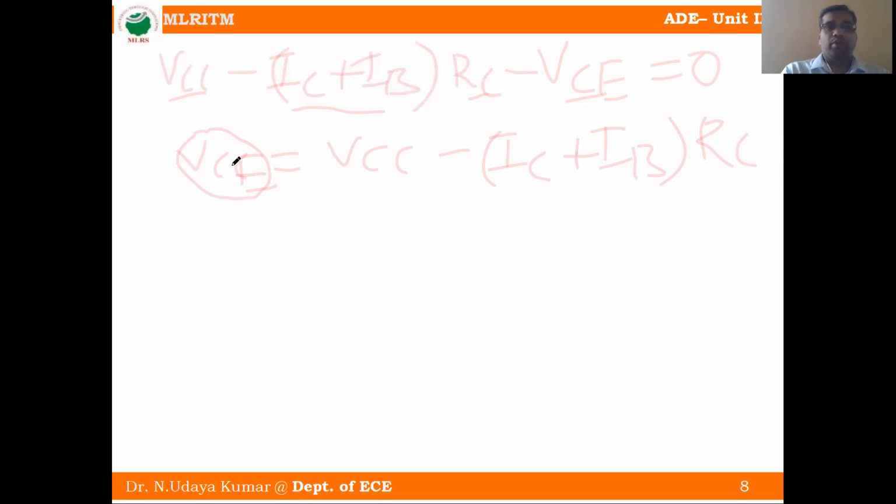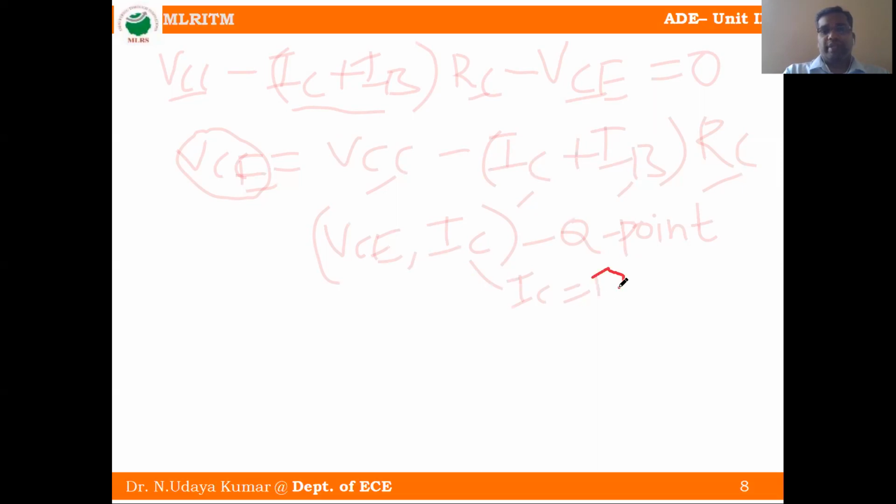So this is the Q point. We know the battery voltage, collector current, base current, and collector resistance, so we have to calculate VCE, and we are already calculating IC. IC is equal to beta IB. This is called the Q point.